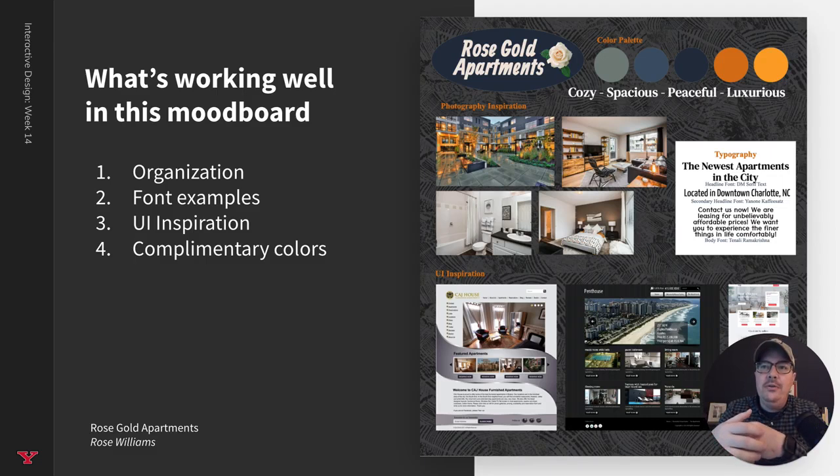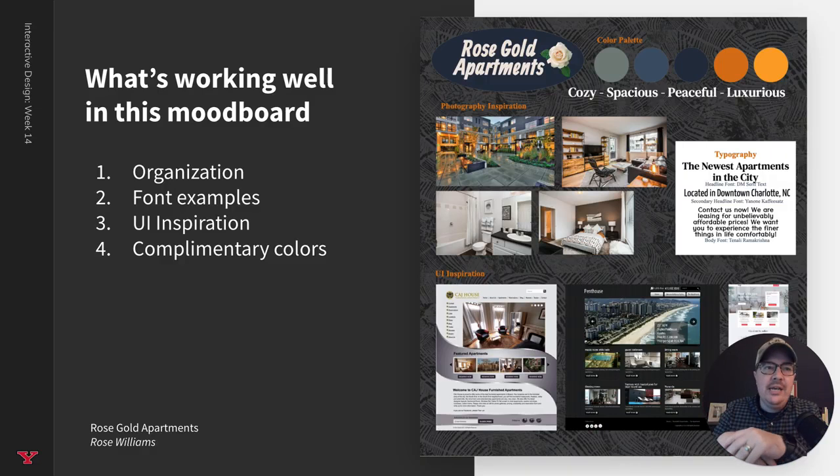And so, there's ways you can be creative and kind of push the envelope. And I think including a nice illustration background here on the Rose Gold Apartments example is a nice way of adding a little bit of a designer's touch, but then not overcomplicating the mood board by extra distractions that would be on here. And so I think this is just a really good example of an organized, clean mood board here.